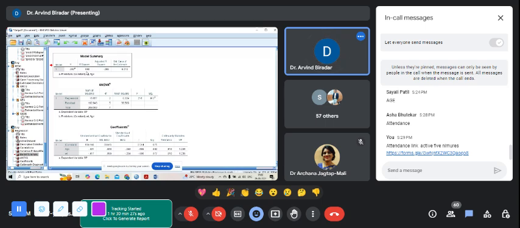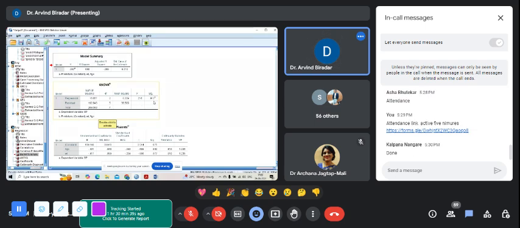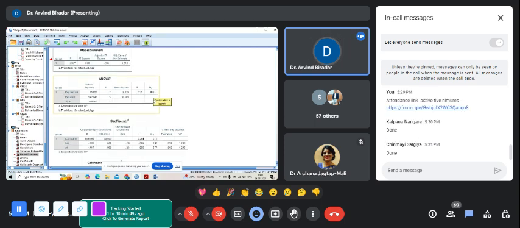The change is very little. Degrees of freedom, dependent variable this. Okay. The model is not fit, because 0.813 is greater than 0.05.